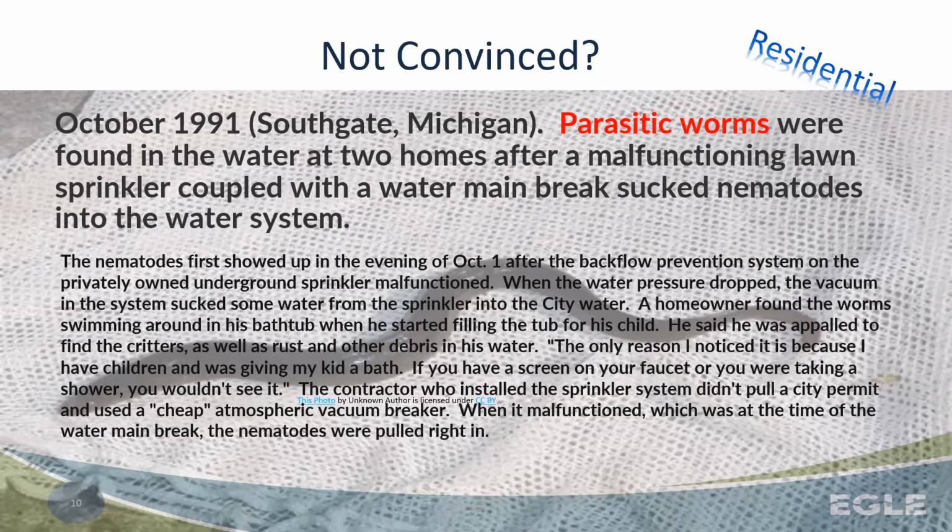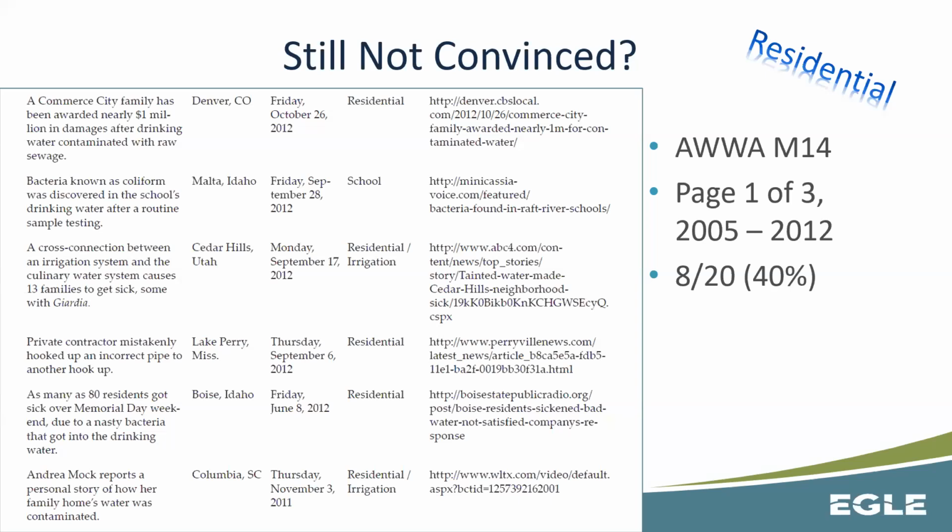And we've got some more examples. This is kind of going around the country. This is from the American Water Works Association. They have a list of some of these incidents that have occurred. We've got at the top there, out in Colorado, there was a family awarded almost $1 million in damages after raw sewage was introduced into their drinking water.